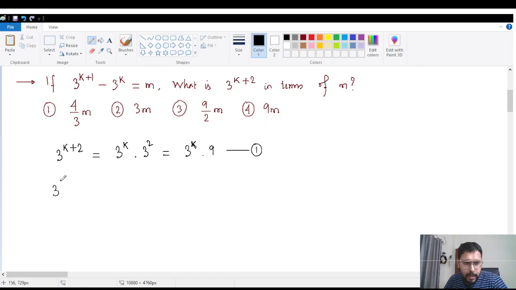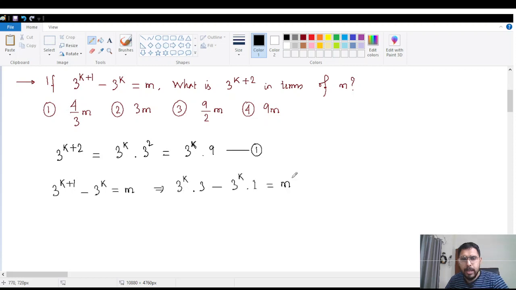So 3 to the power of k plus 1 minus 3 to the power of k is equal to m. Now if I expand 3 to the power of k plus 1, we get 3 to the power of k times 3, and minus 3 to the power of k, I can write as 3 to the power of k times 1. Anything times 1 is the same thing. So that is equal to m.